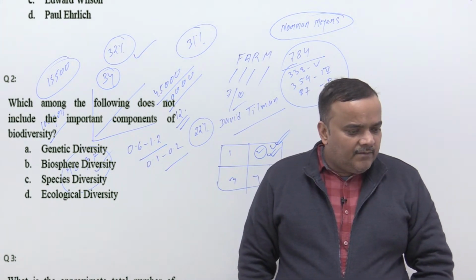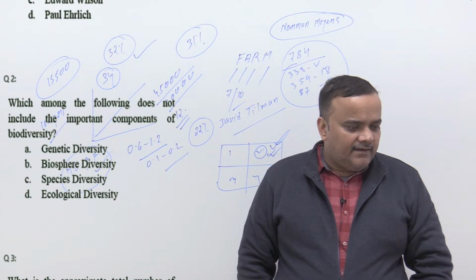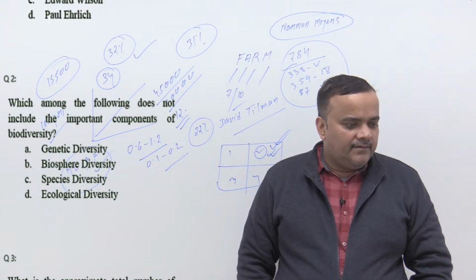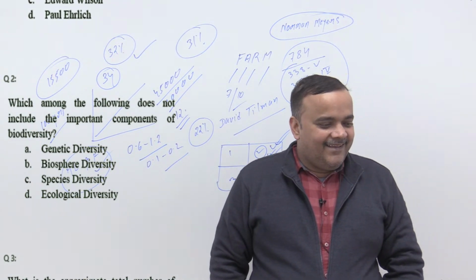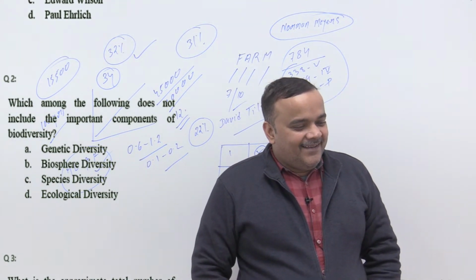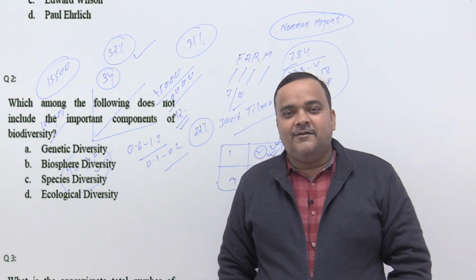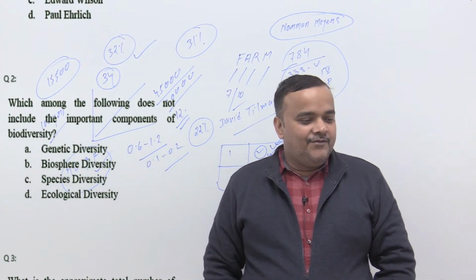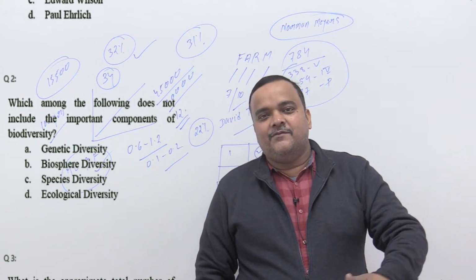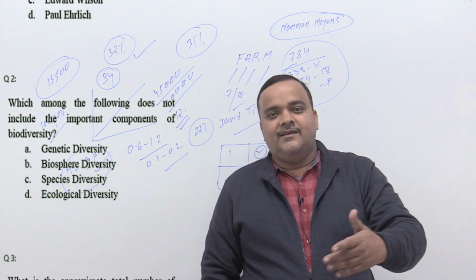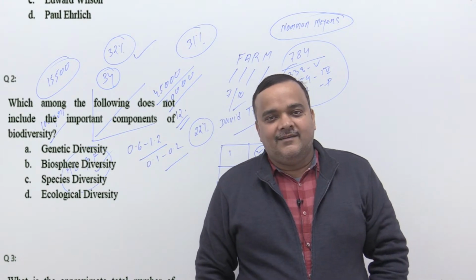So far we are not able to identify all the plants and animals, so how can we conserve them? Many plants or animals will become extinct before we come to know that they ever existed on planet Earth.